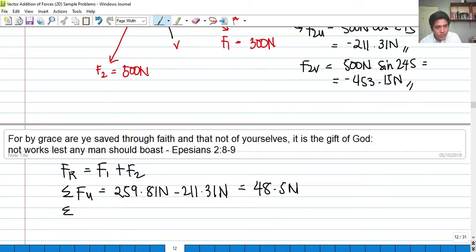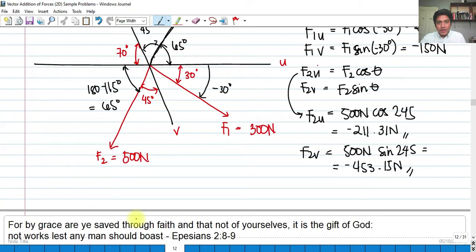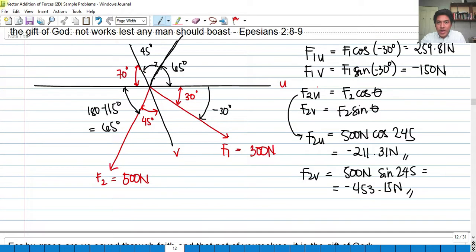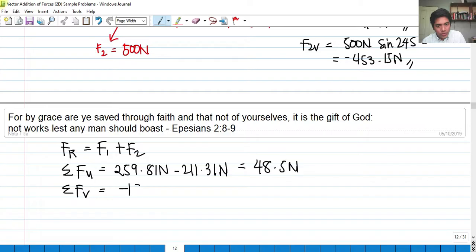And again, summation of FV. A while ago this was X and Y, but in terms of our example, the axes are U and V. So that is still the same. For the summation of the forces along the V axis, we have negative 150 newtons plus negative 453.15 newtons, which results in negative 603.15 newtons.